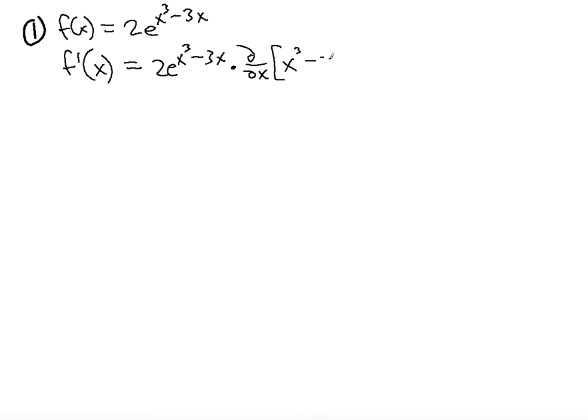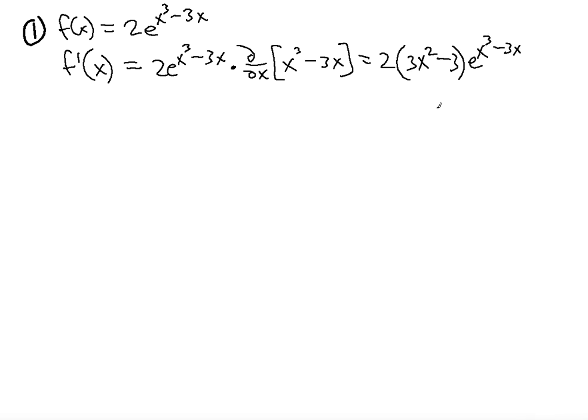So that should give us, let's see, I'm going to write that 2 first because that's a constant. Now I'm going to write the derivative. So the derivative of this is 3x squared minus 3, right? Using the power rule. So it's 3x squared minus 3. And then I'm finally going to write the e to the x to the third minus 3x.